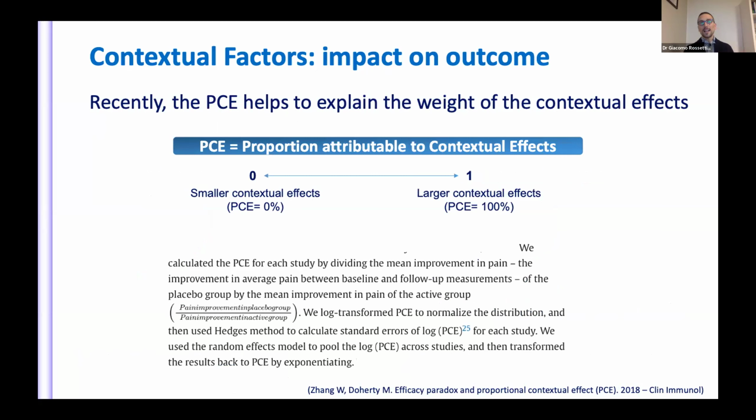And in the slide, I left you an example of how it is measured within a systematic review. Well, despite being the subject of an international debate among scholars, this metric has been used to assess contextual effects in different clinical conditions and in different treatments. And in the next slides, I will present the findings.